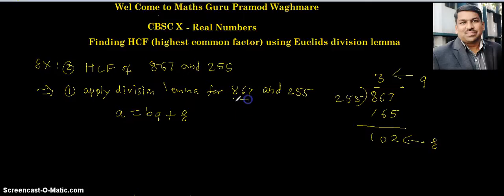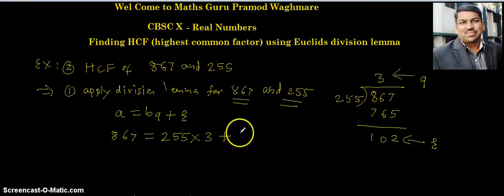A is 867. What is B? B is 255. So we can write 867 is equal to 255 into 3 plus 102. Okay. If you observe here, remainder is not equal to 0.